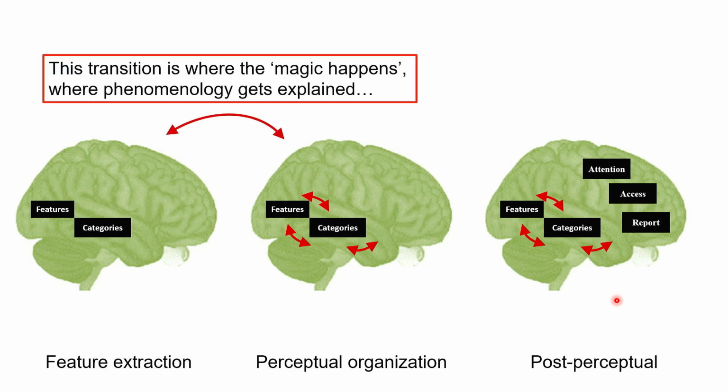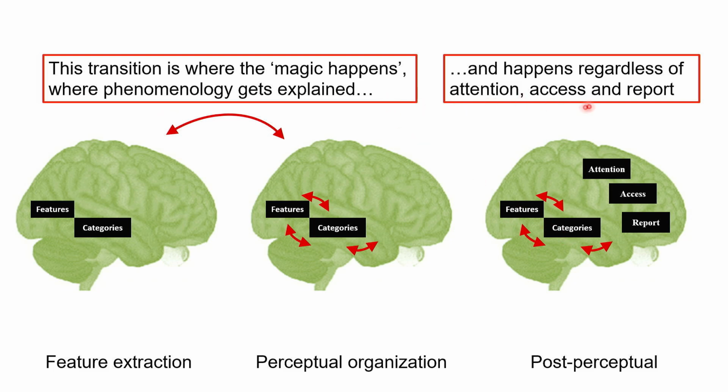I would say if you really want to explain phenomenology, so why visual perception looks the way it looks, so why we see kinetic triangles, why we see colors, why we have maybe even qualia and stuff, you could say, well, this is sort of the transition where that magic happens, where phenomenology gets explained, and this is all, well, you could say post perceptual.